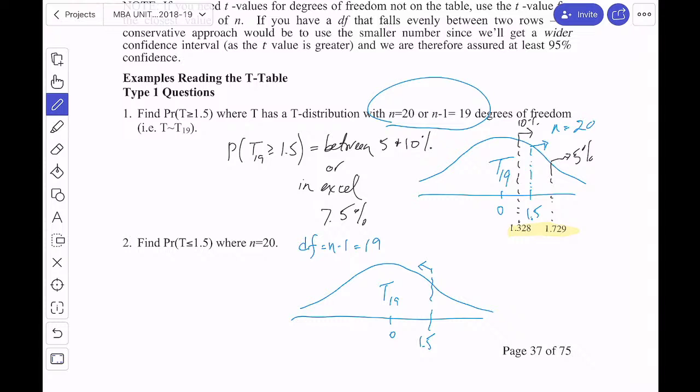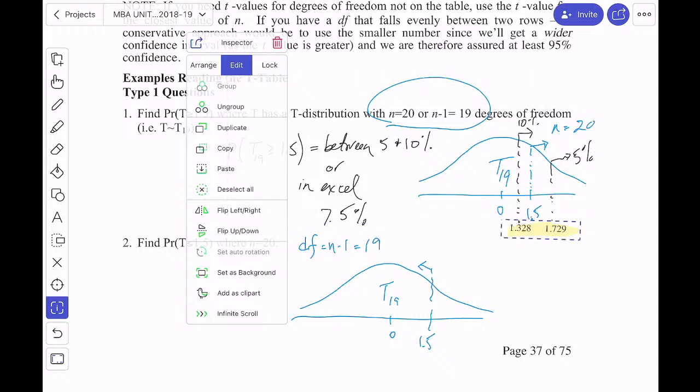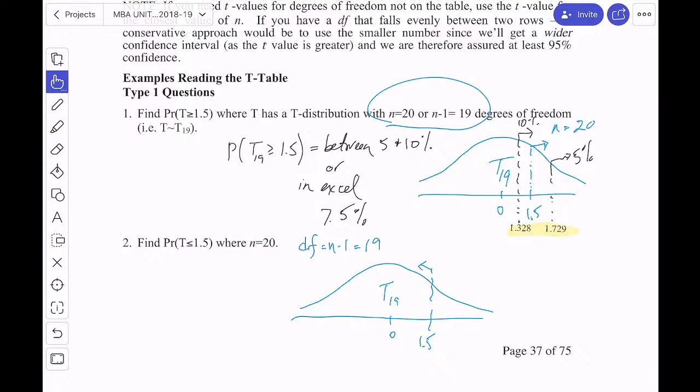Well, let's first use the table. On the table, I'm going to steal these? No. Let me take it. No. Okay, so I'll just write them again.